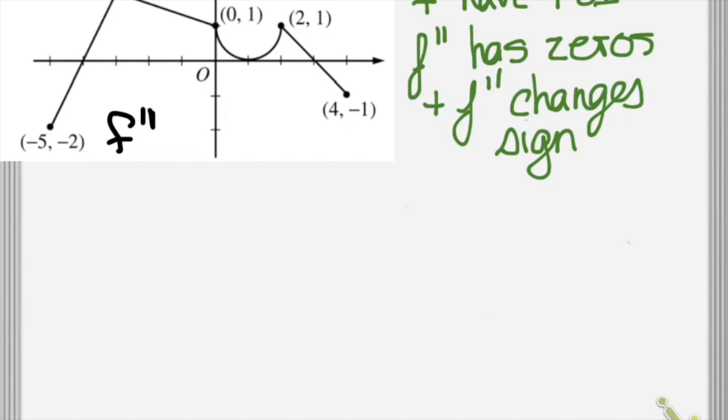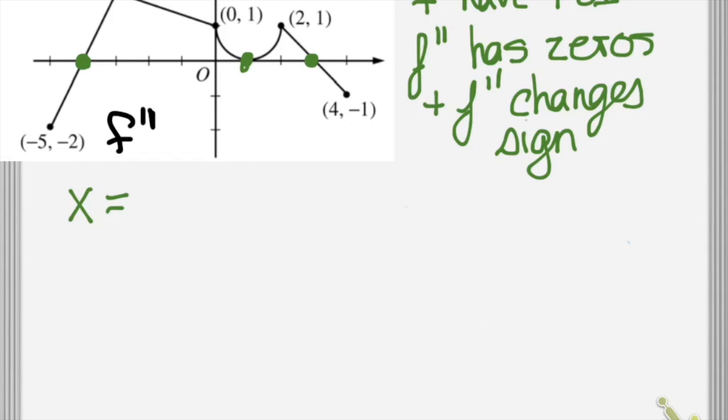So f double prime here has zeros at -4, 1, and 3, but again, it's not changing sign at 1. So 1 is not going to be a point of inflection.